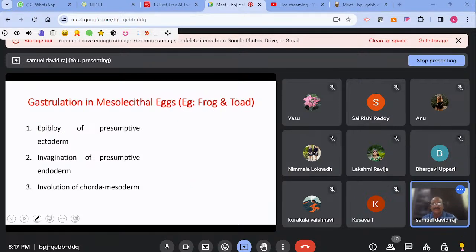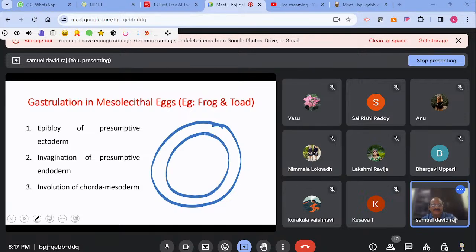And hence, when we see the fate map of a blastula, there is an ectoderm, which we call blastoderm, surrounding the blastocyst. So this is the blastocyst, this is blastoderm. We can compare it with ectoderm, but this is not true ectoderm.